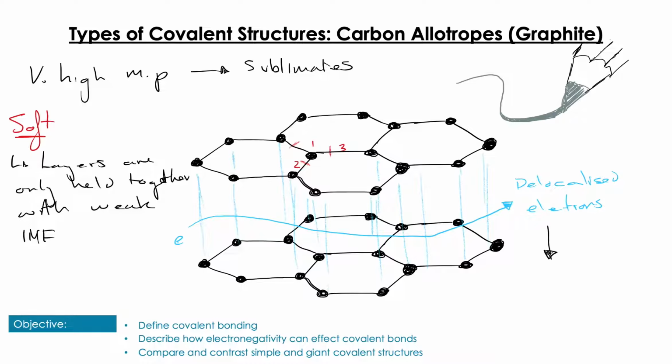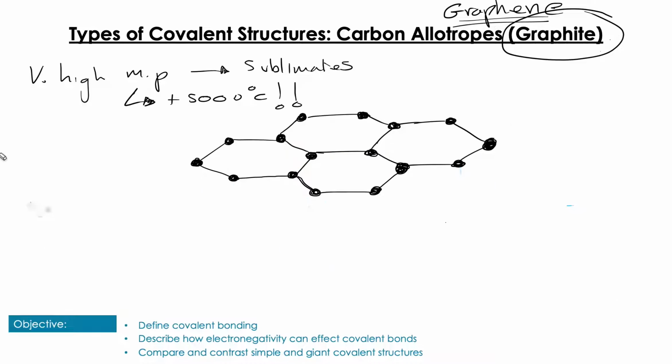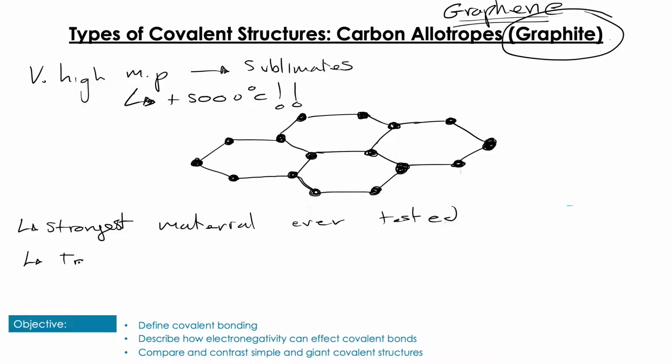The other thing that these delocalized electrons allow is the conduction of an electrical current through the substance, hence why graphite is a good electrical conductor. Now, if we take just one of these layers of graphite, we end up with graphene, which quite simply is just one layer of graphite, but changing some properties, interestingly raising the melting point even further to sublimation above 5,000 degrees.